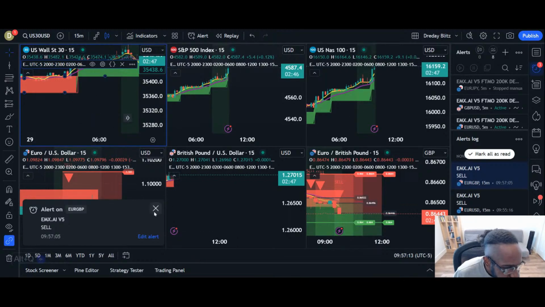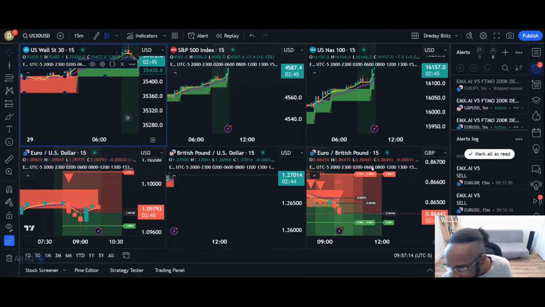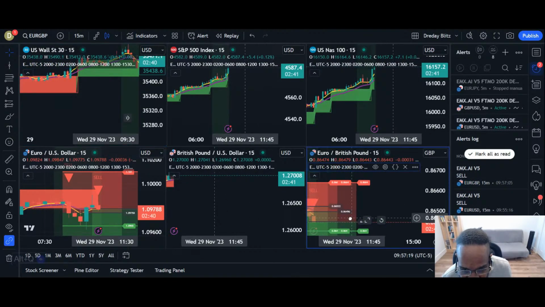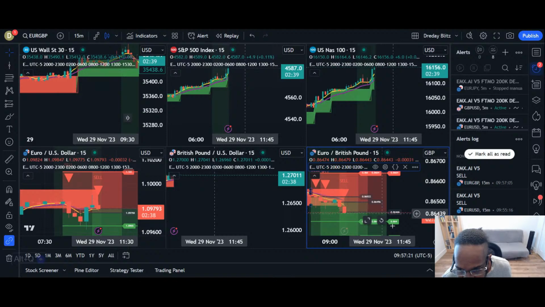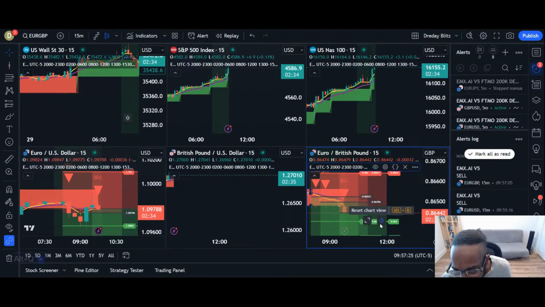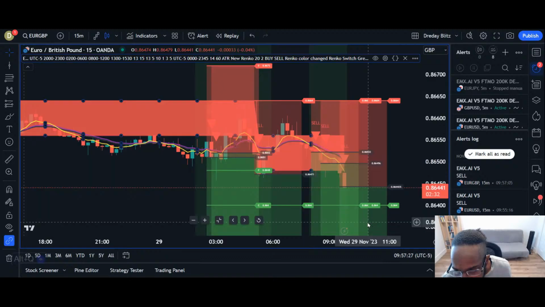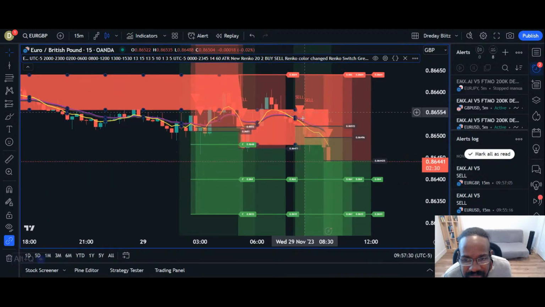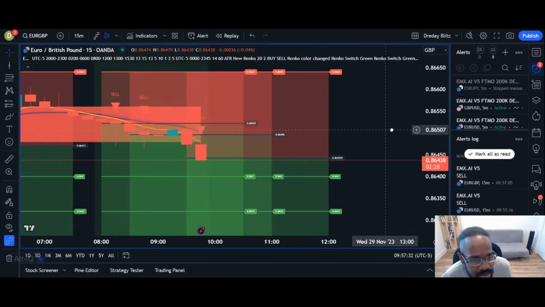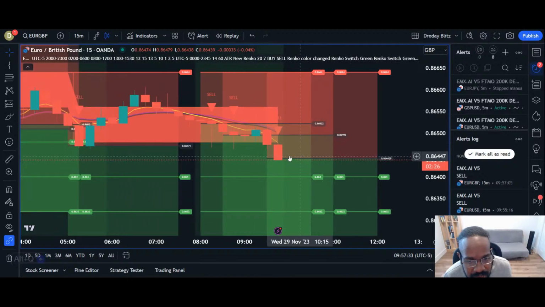So Euro GBP, we have a sell, and we have a Euro USD sell. So Euro GBP, I'm just gonna make sure that I'm on the right one. So right now we have a sell on Euro GBP. Yeah, Euro GBP.